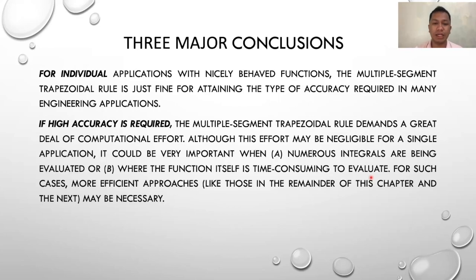Although this effort may be negligible for a single application, it could be very important when a, numerous integrals are being evaluated, or b, where the function itself is time-consuming to evaluate. For such cases, more efficient approaches like those in the remainder of the chapter and the next may be necessary.